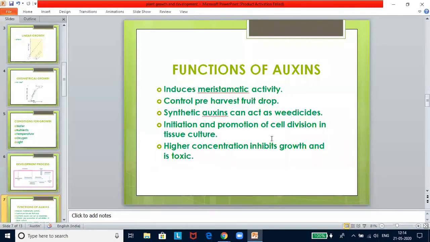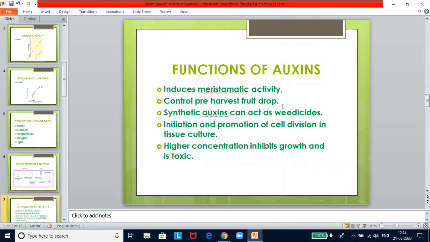Auxins help to induce meristematic activity and new cells are formed. This leads to the formation of adventitious roots at the base of the cuttings. This fact is of great practical importance and has been widely utilized to promote root formation in economically useful plants, which are propagated by cuttings. Auxins also control pre-harvest fruit drop.